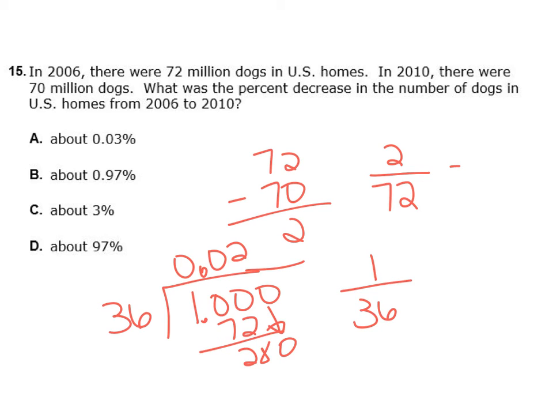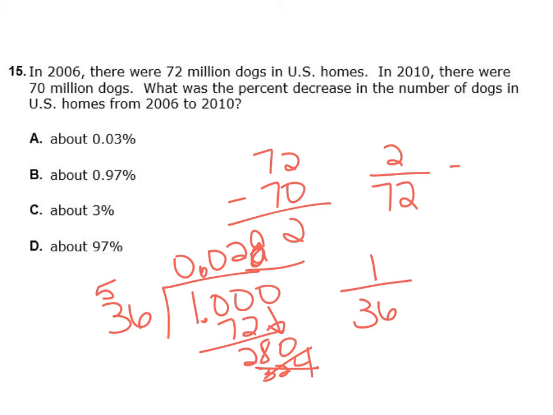So 36 into 280, it's going to be about 9. So 9 times 6, 54. 9 times 3 is 27 plus 5, 32. So that's wrong. So it would be 8 then.